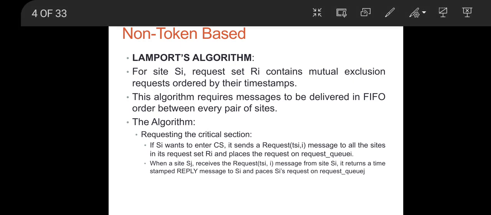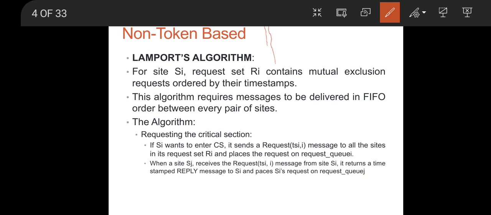Okay, now we are going to see the algorithms one by one. There are various types of mutual exclusion algorithms that have been categorized into two categories, that is non-token based and token based. In both classifications, token and non-token, many algorithms exist.